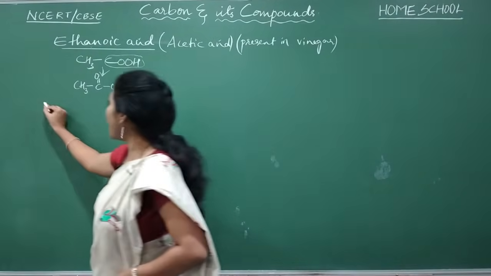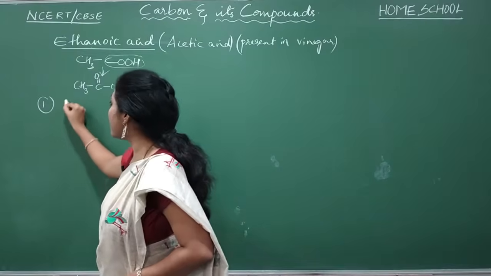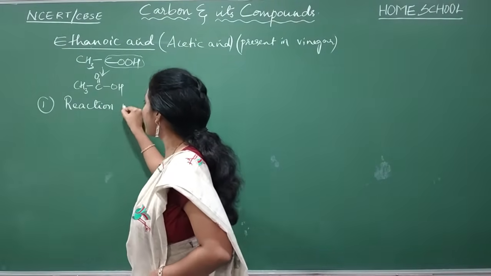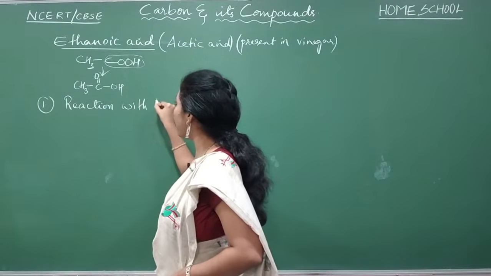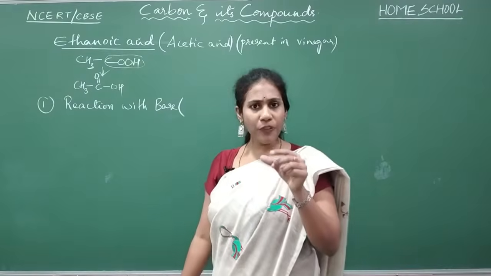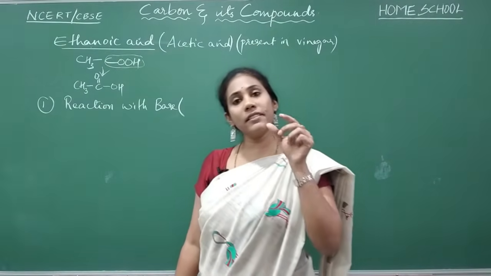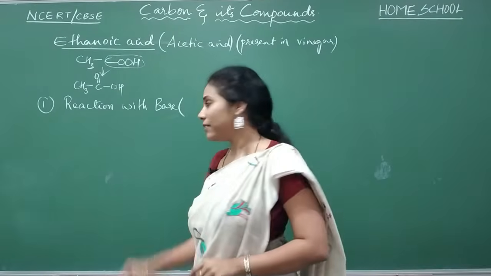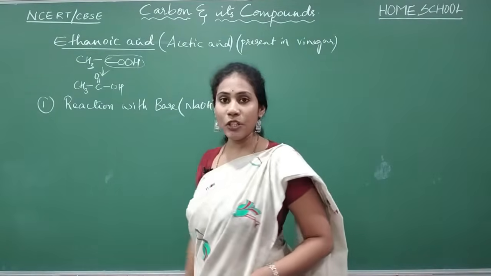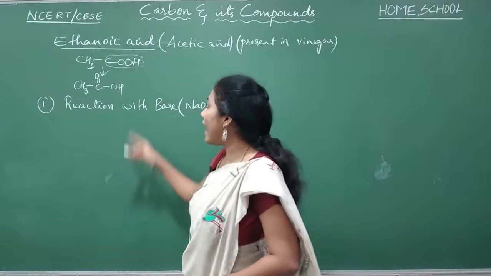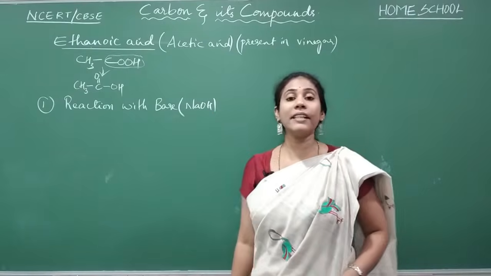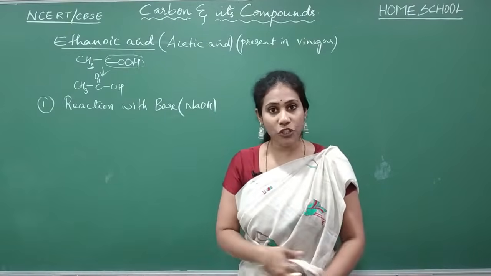So the first reaction we are studying is reaction with base. The moment I say base, which is the common base that clicks in your mind? It is NaOH, isn't it? Okay, so now we will see how acetic acid or ethanoic acid can react with NaOH.